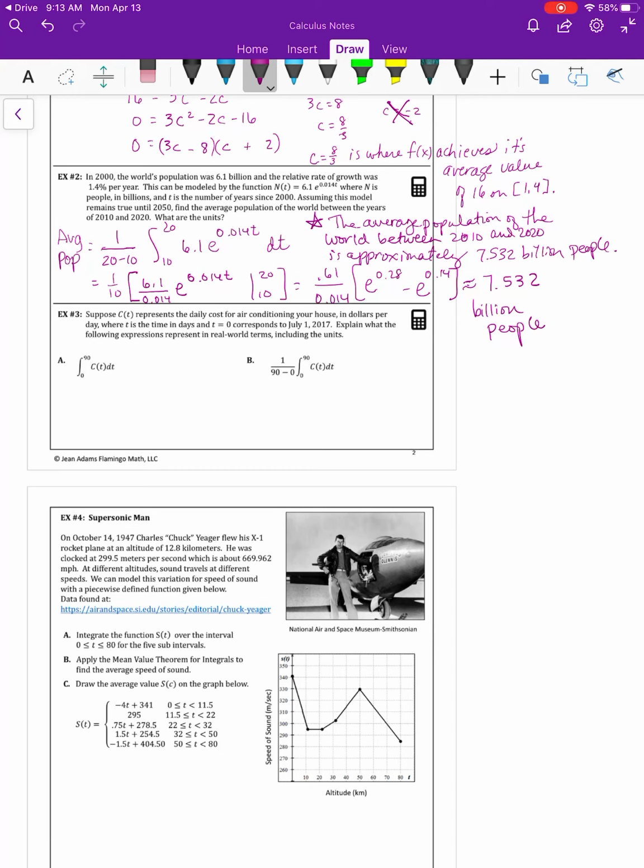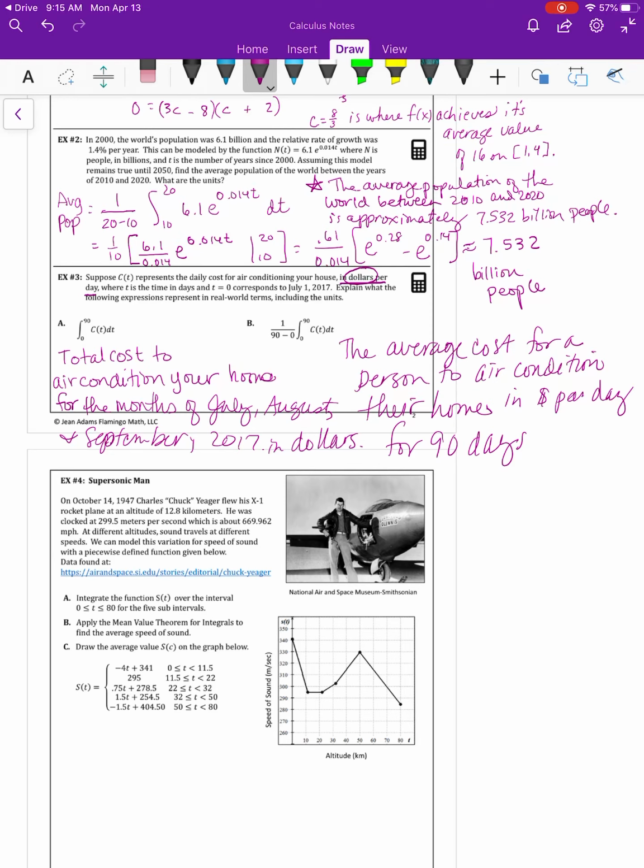Okay, this one's going to be the average cost for a person to air condition their home in dollars per day for 90 days from July 1st, 2017.